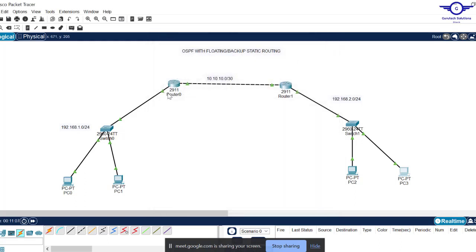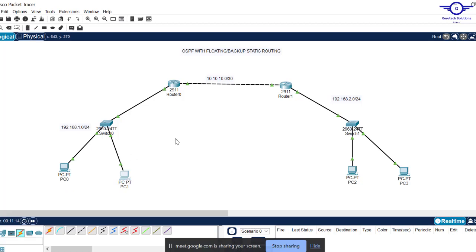So a quick recap about what dynamic routing, or just routing in general, means. In this topology, by default, a router only knows about the directly connected networks. So router 0 here only knows this network and this network, the directly connected networks. The same applies to router 1, this network and this network.